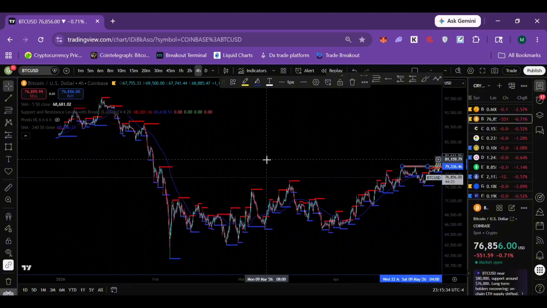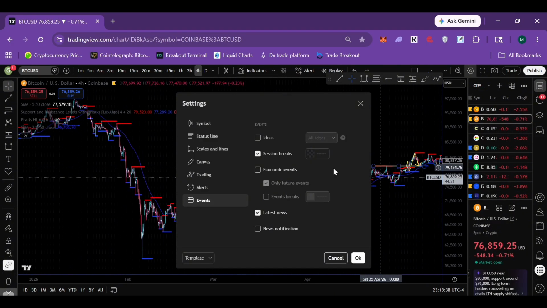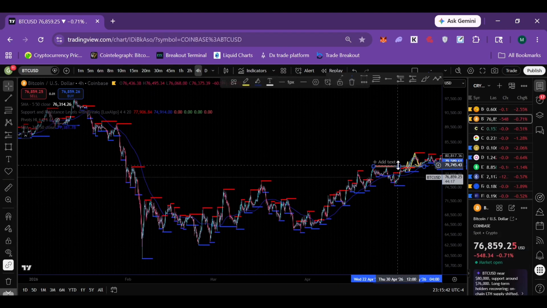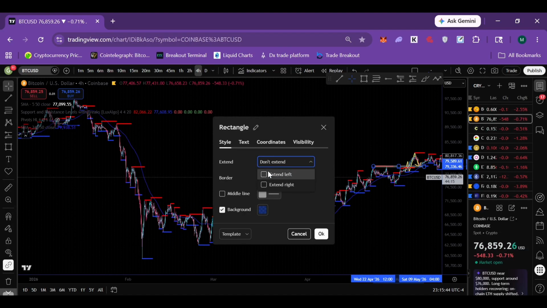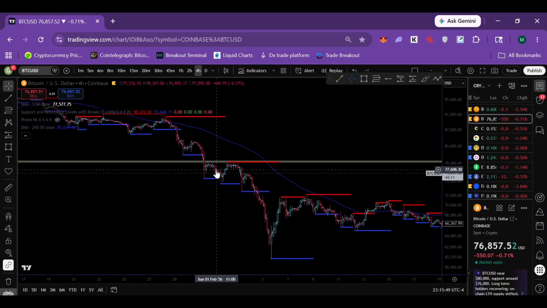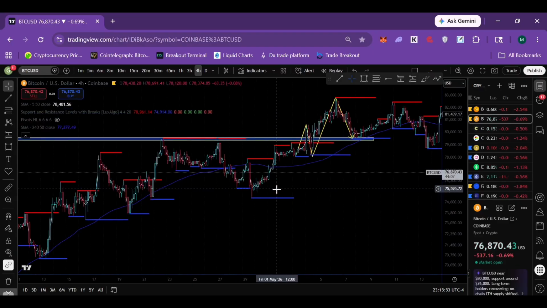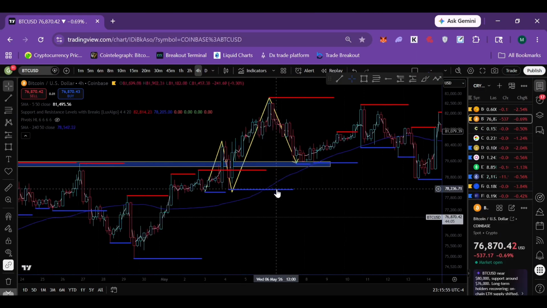If we look to the left a little bit more, now let's extend this to the left. Watch how the market works. Extend to the left. We also see how the market reacted right here. So you can already tell this is a solid level because you're seeing the market respected it multiple times.